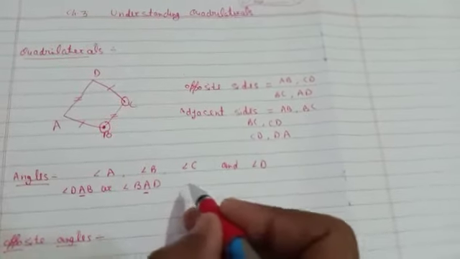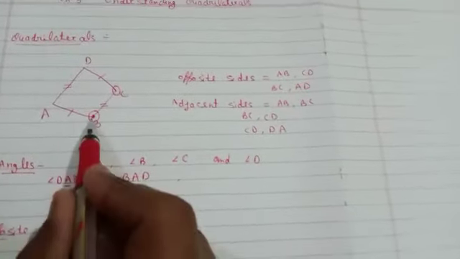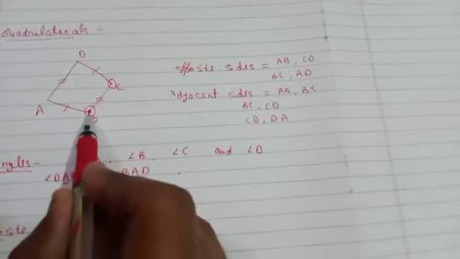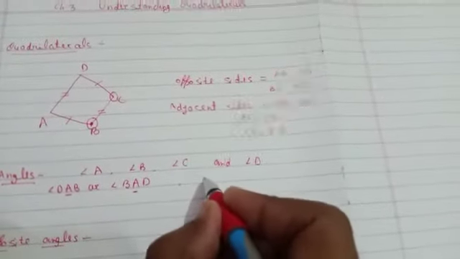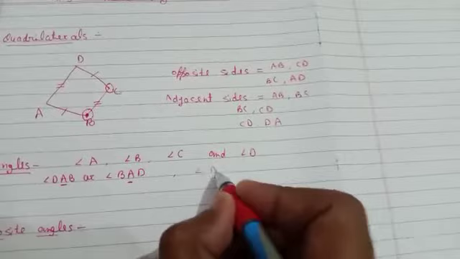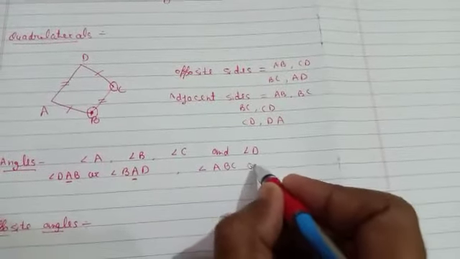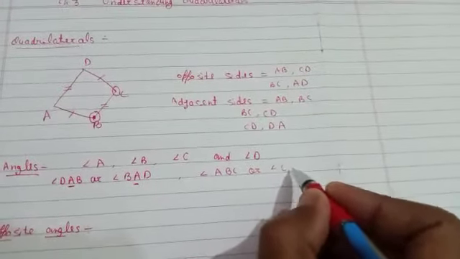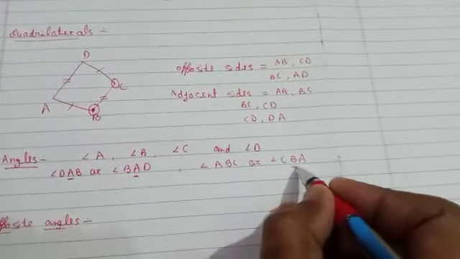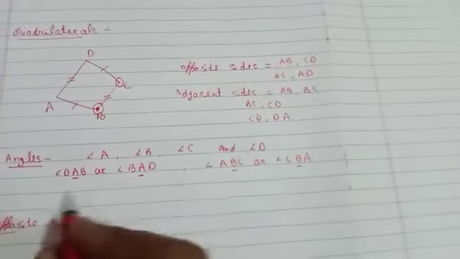Same as if we want to write the name of angle B, then we can write angle ABC or angle CBA. This B is in the middle.